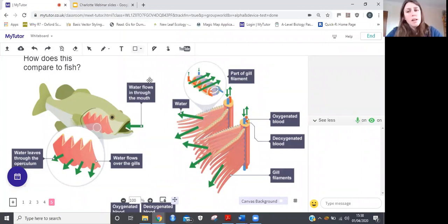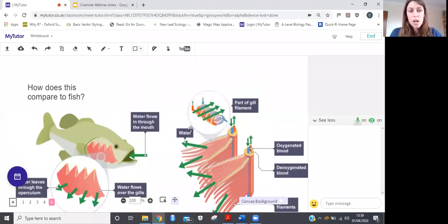So that means that the efficiency of gills in fish is actually much higher than our lungs for maintaining that diffusion of oxygen. So fish are definitely more efficient, and you could argue better at extracting oxygen from water than we are at extracting oxygen from air, purely because there's less available to them, so they have to work much harder. So that's a really important point to remember.